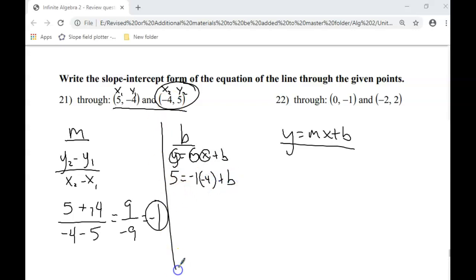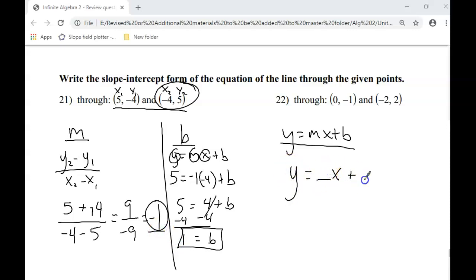So now I've got 5 equals 4 plus b. Double negatives makes a positive. Minus the 4 on both sides, and I get 1. So my b value is 1, my m is negative 1. So now I can write my equation. I just need to fill in the blanks for what my m is and for what my b is. My m was negative 1, my b was positive 1. And there's the answer.